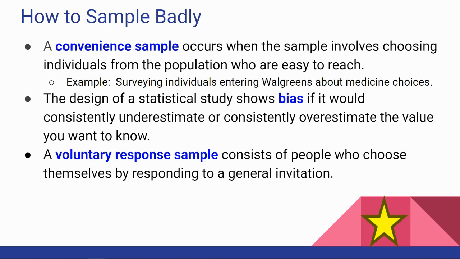People that ride in cars are represented. So it's not representing the entire population. Bias is not just bad luck in one sample. It is the result of a bad study design that will consistently miss the truth about the population in the same way. Voluntary response samples are also known as self-selected samples.